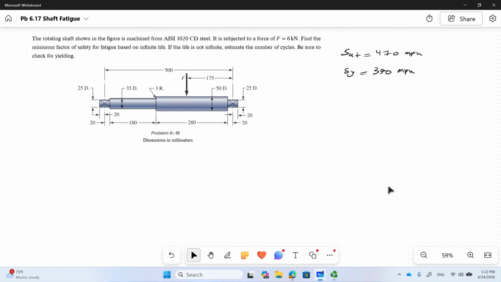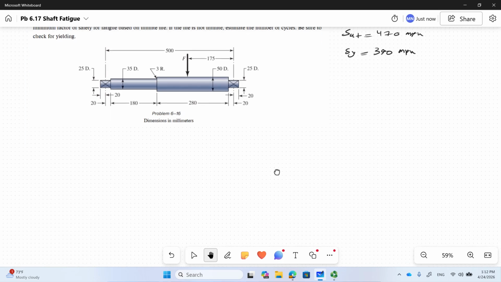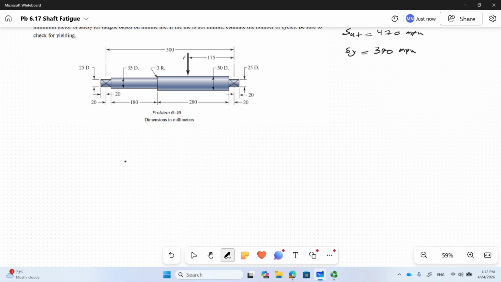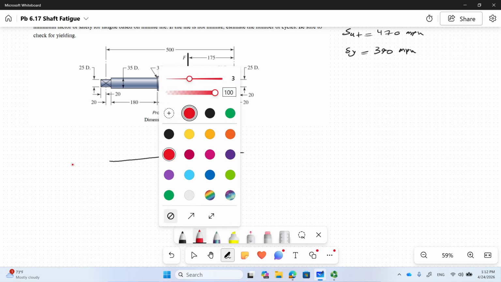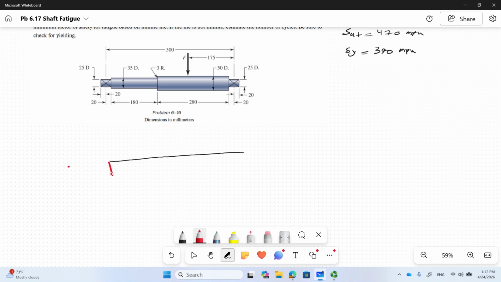We have the force of 6 kilonewton acting there. In order to figure out the stresses, we need to do an FBD and find the reaction forces. So we have a reaction here, I call it R1, and the reaction here R2.